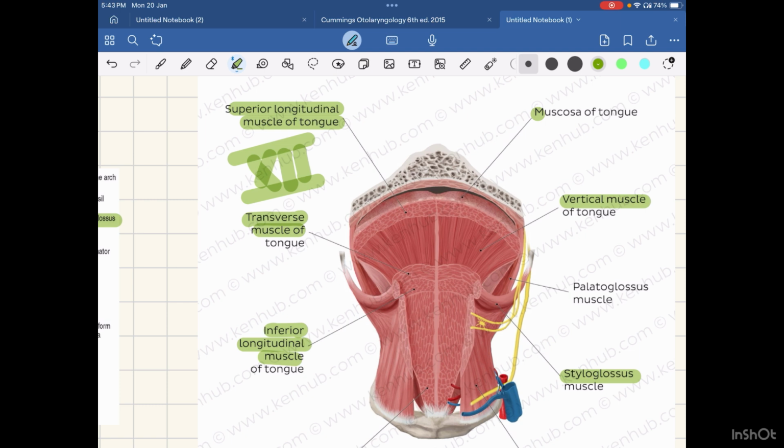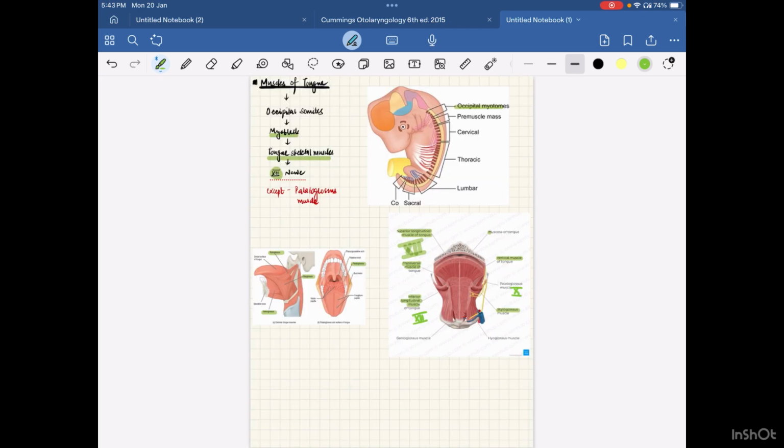Hypoglossal. Whereas only one muscle, palatoglossus, is supplied by what? Vagus. Yes, all other muscles of the tongue are supplied by the 12th nerve.